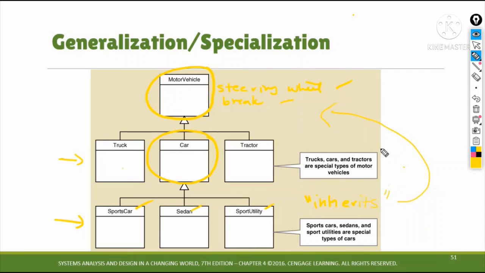In the object-oriented approach, inheritance is a key concept that is possible because of generalization specialization hierarchies. Sometimes these are referred to as inheritance relationships. Another term often used to describe generalization specialization is the ISA relationship.